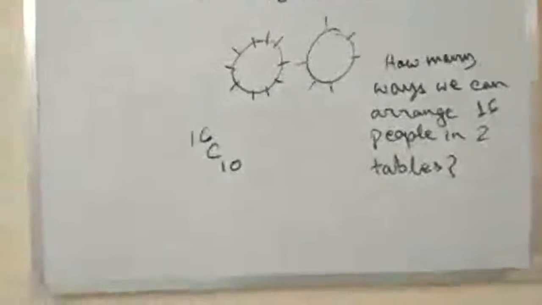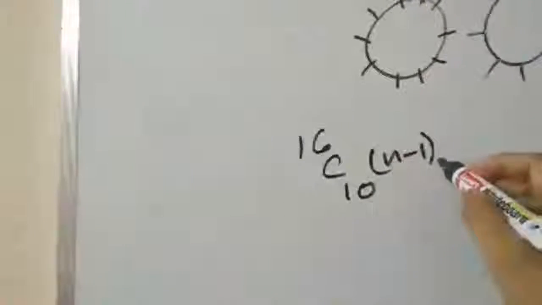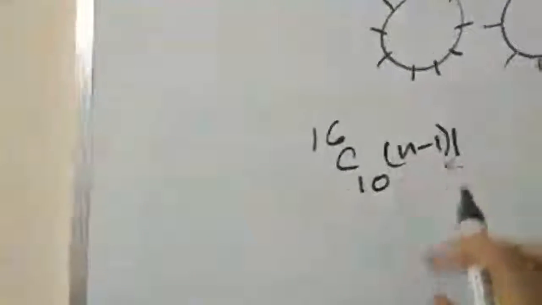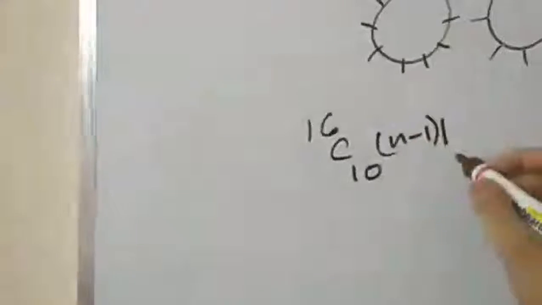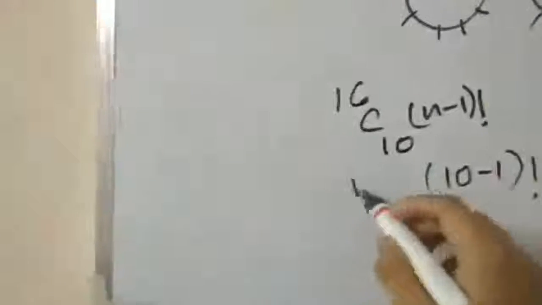Now, in this 10, the arrangement in a circular table will be n minus 1 factorial. So if I talk about n minus 1 factorial, then it will be 10 minus 1 factorial, 16C10 for table number 1.